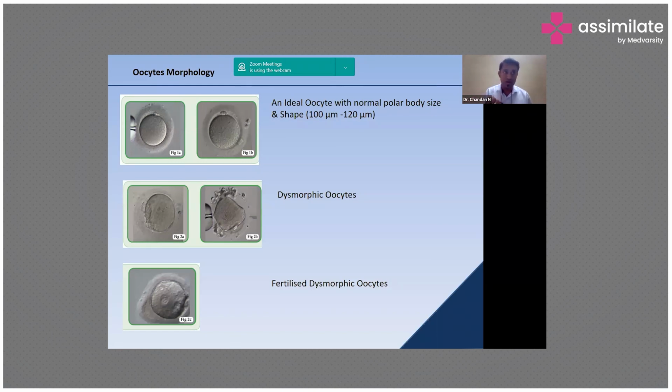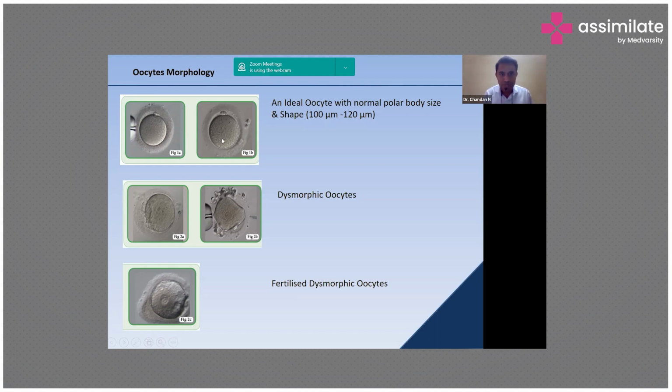When we handle the oocyte in our embryology lab, the size will be 150 to 175 micron. So this is an ideal oocyte. I'll tell you the parameters we have to look into for an ideal oocyte. Observe this diagram carefully.